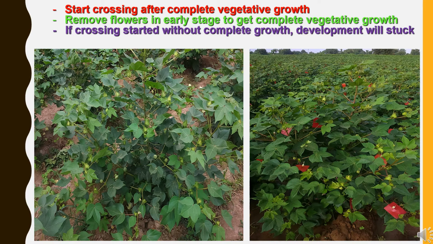If flowers are left on the plant, seed setting and ball development will happen, and ultimately vegetative growth will be impacted. So for certain periods we have to remove all flowers available on plants and let the plant grow well. If crossing is started without complete growth, development will be stunted and ultimately there will be an impact on flowering and ball development.